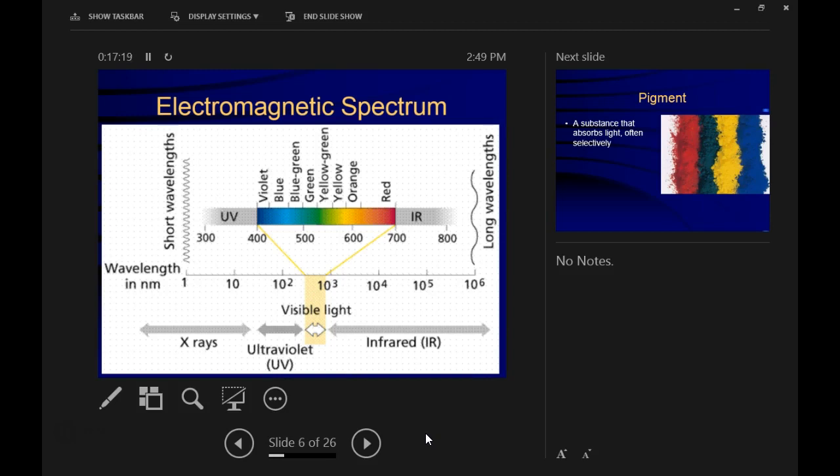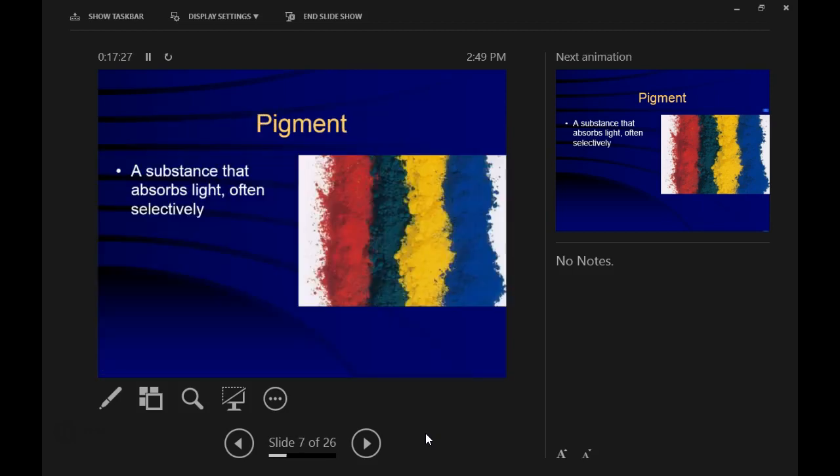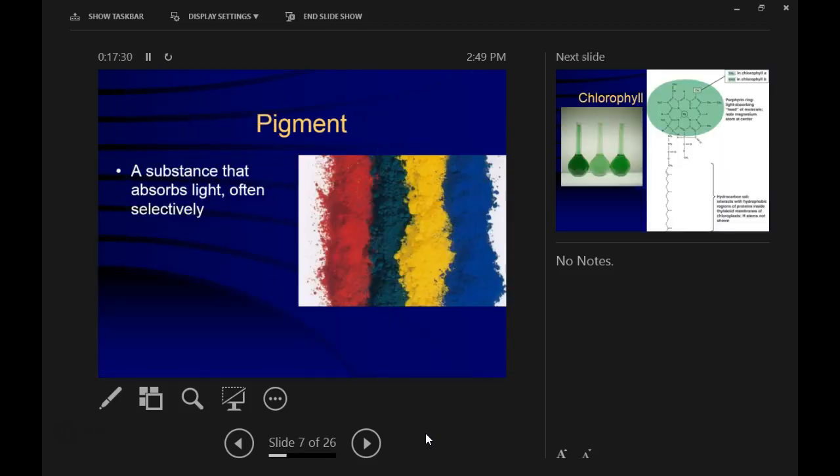Now, we live in a world where we see a lot of color. And colors are created by pigments. How pigments work is that pigments are often very selective on the wavelengths of light that they absorb.